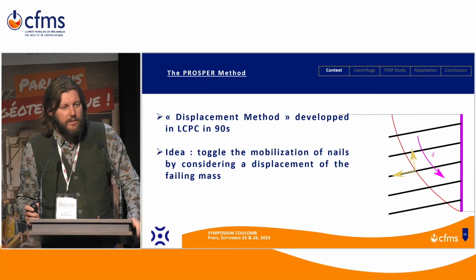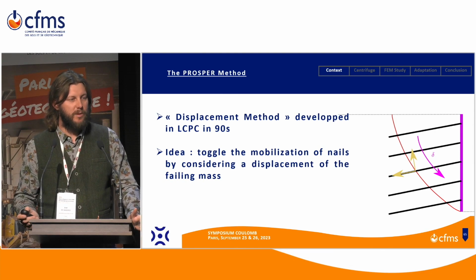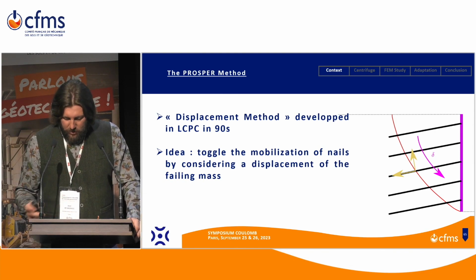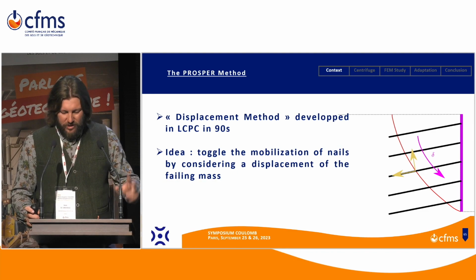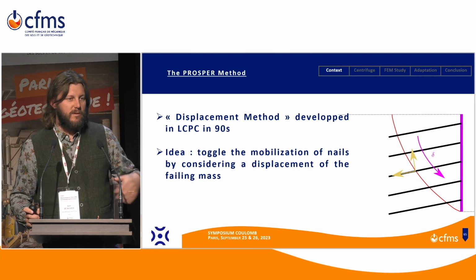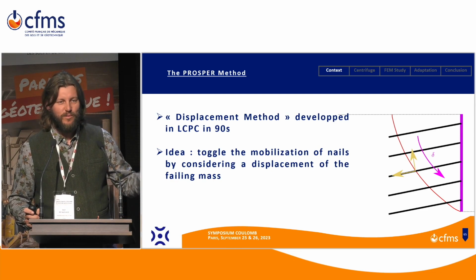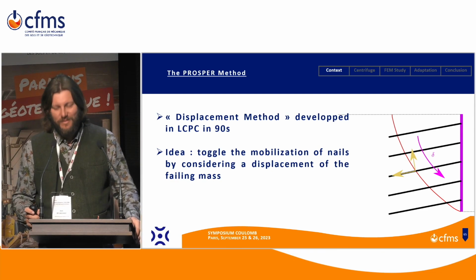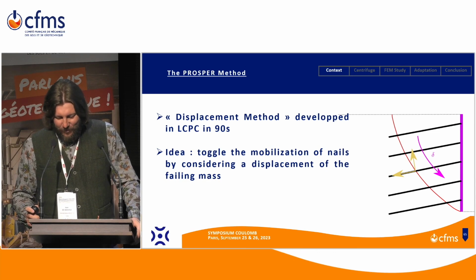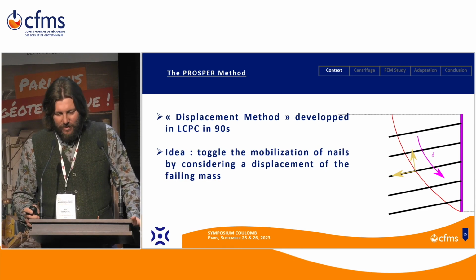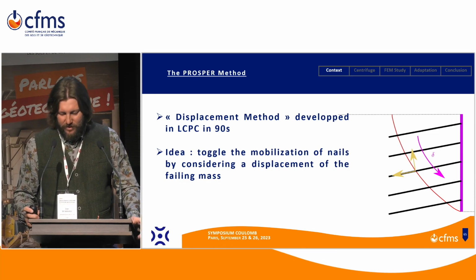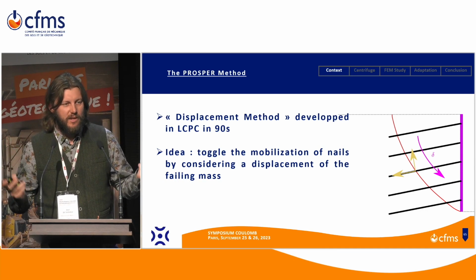And in the 90s, at LCPC, they tried to develop something else, which was called the displacement method, but I will later on call it the Prosper method, because the word displacement will appear too much in this presentation, I guess. Their goal was to get the real mobilization of nail.